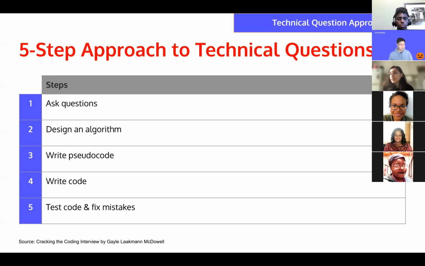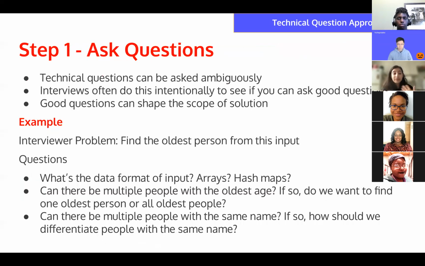For example, if someone asks you to do something with a string, you might ask, what if the string is empty? What should I do then? That's an example of an edge case. You just want to make sure you have everything you need, and it never hurts to clarify something, even if it feels obvious, just to make sure you can always repeat back the problem.